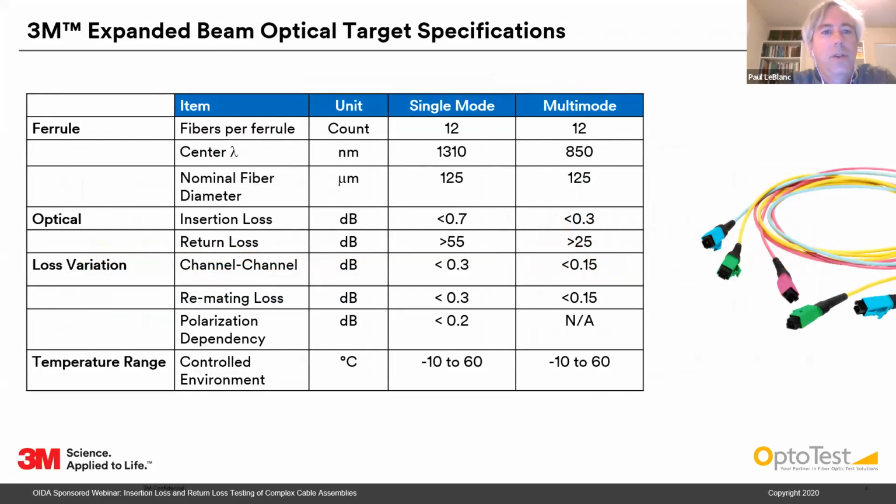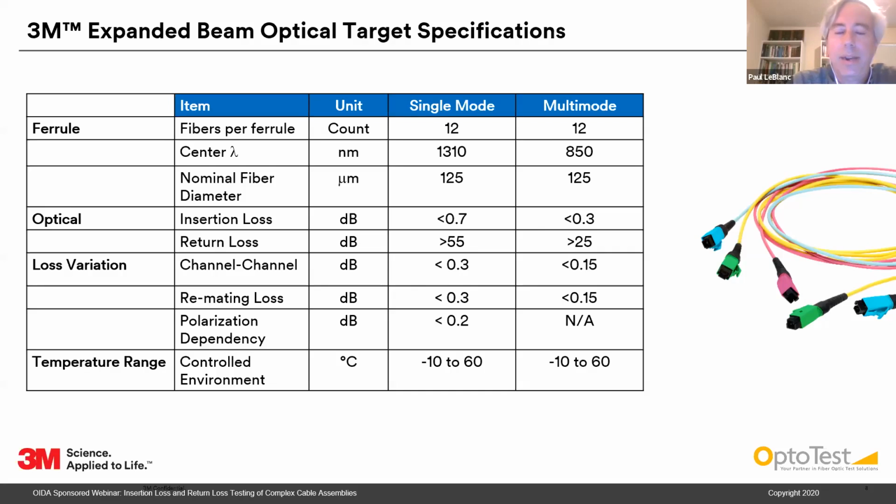So in terms of specifications, our target specifications are both in the single mode and multi-mode regime. Today we only had time to focus on the single mode, but we've also been in development with multi-mode connectors. To reiterate, on the single mode side at 1310 nanometers, our insertion loss spec is to be less than 0.7 dB and return loss greater than 55 dB.